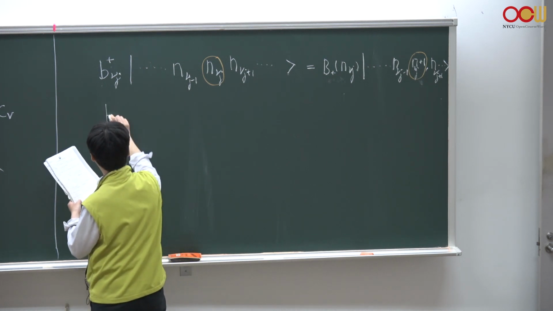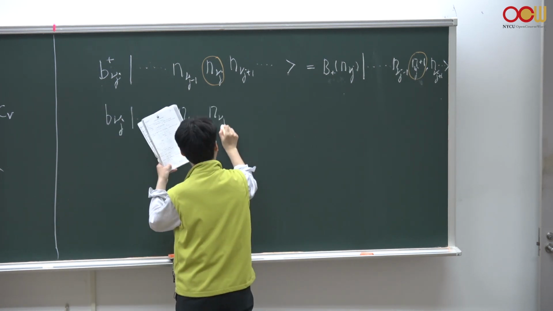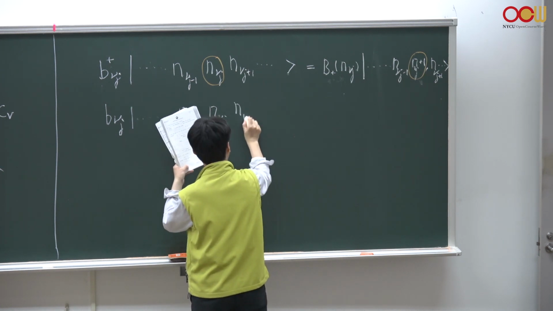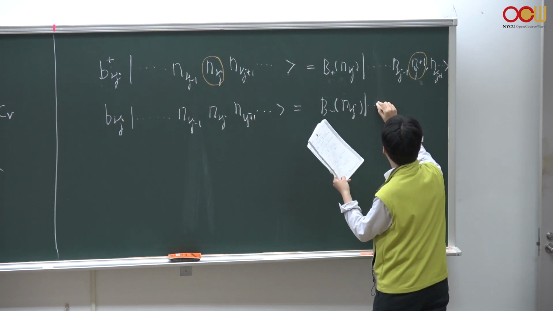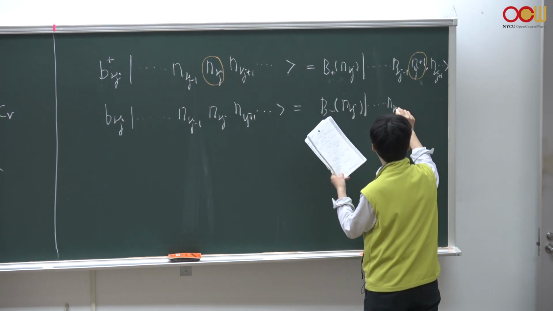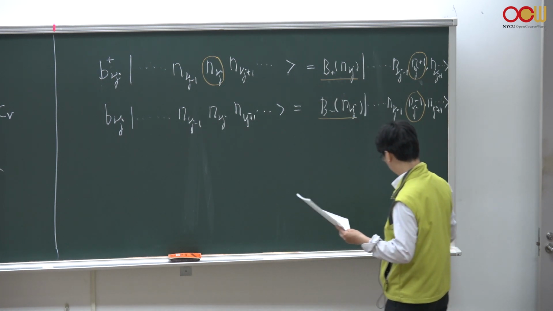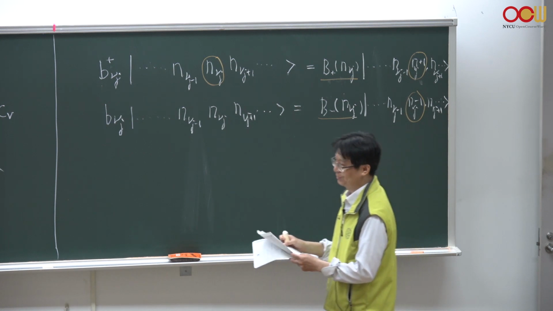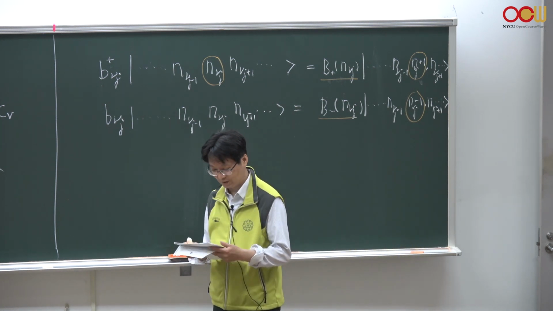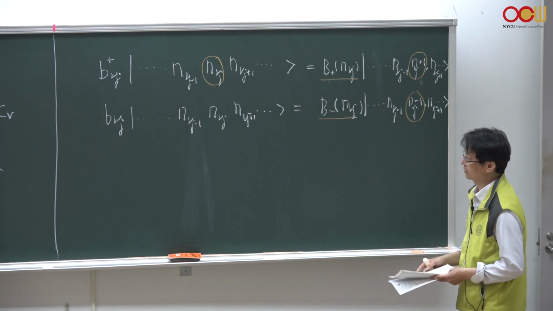Likewise, we define the destruction of a boson on state nu j, with a different prefactor b minus associated with that operation. We need to determine what b plus and b minus are. That's a simple extension of our fermionic creation and destruction operators to the boson system.